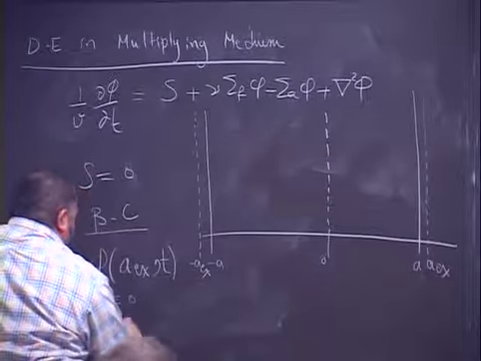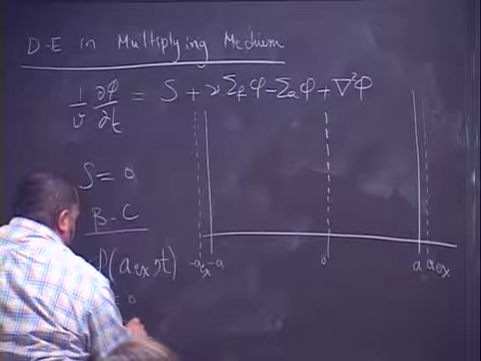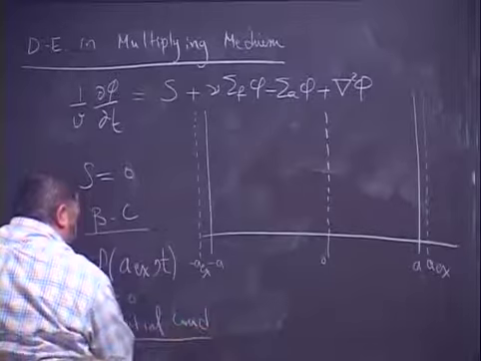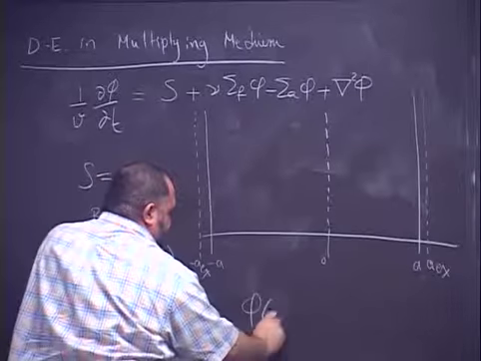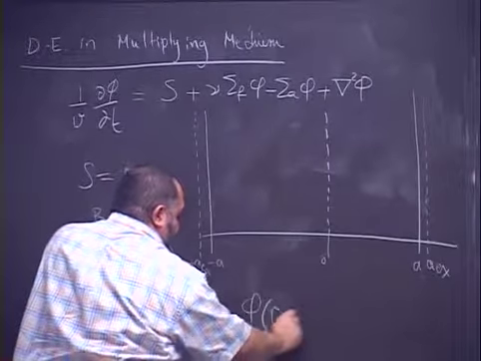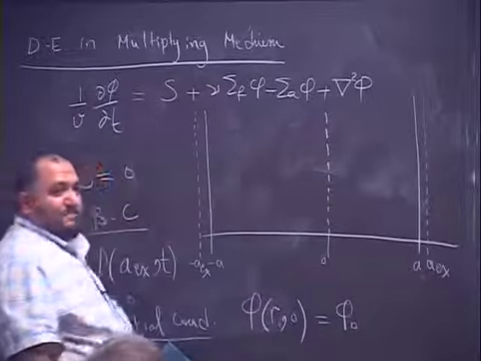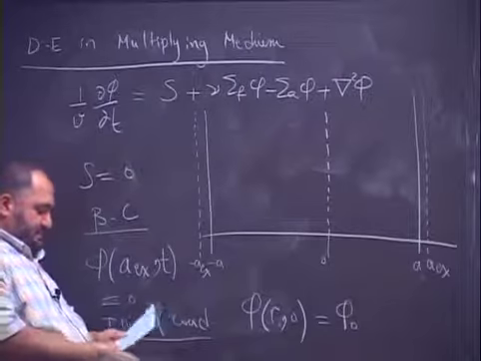What is the initial condition? At time 0, phi at any r is equal to phi naught, the initial flux.